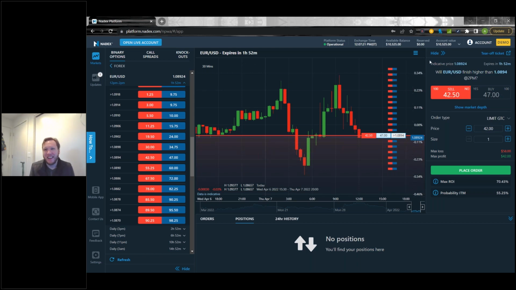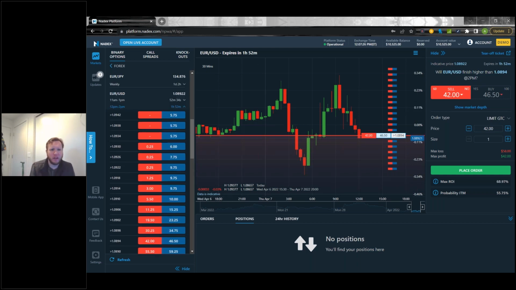deal ticket. At the very top left of it, you do have the indicative price. It's going to really be the same price that you see over here, and that's the price of the underlying market, or at least a good indicative price of the underlying market. It might not always be right on because that price does go through our settlement calculation every second while it generates on the front end platform, so that you can make sure that what you're seeing there is always going through the same process that the final settlement value is going to go through at the end of the contract.